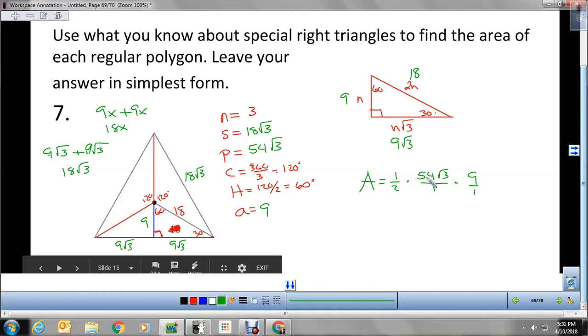So 2 can go into 54 27 times, and then we're left with 27 times 9. And 27 times 9 is going to be 243. Bring down our radical 3. And so this is our answer, 243 radical 3. Now I want all of our answers in these practice problems to be written in simplest radical form as exact answers. So 243 radical 3 will be our answer.